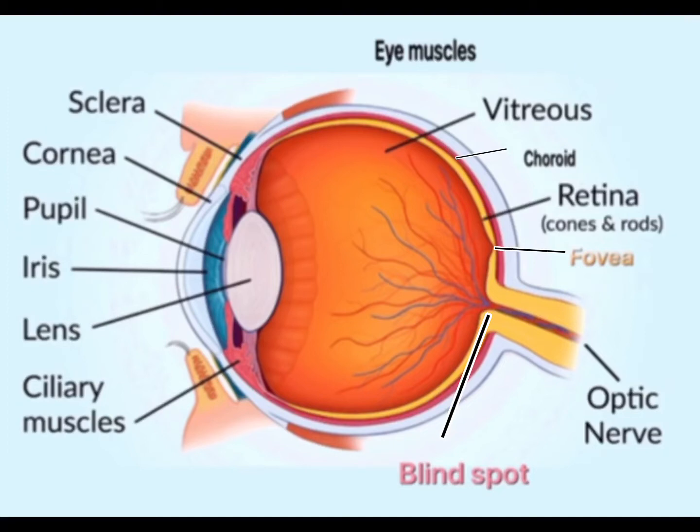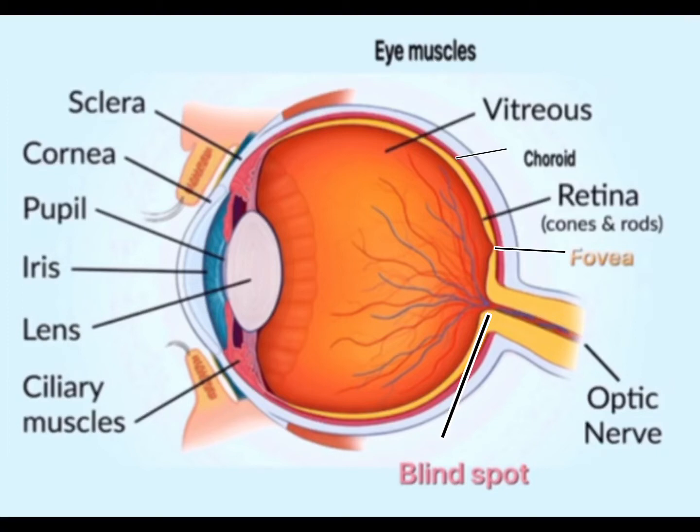It is present around the eyeball. The place where this sclerotic layer comes in front of the iris is known as the cornea.